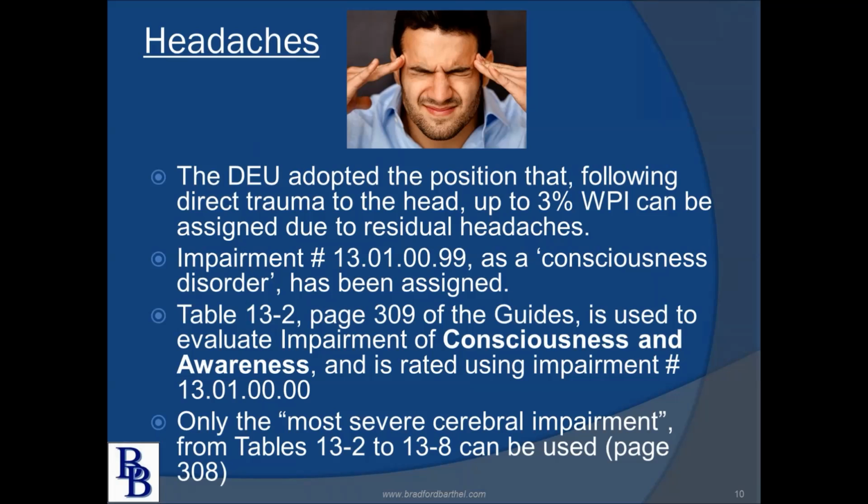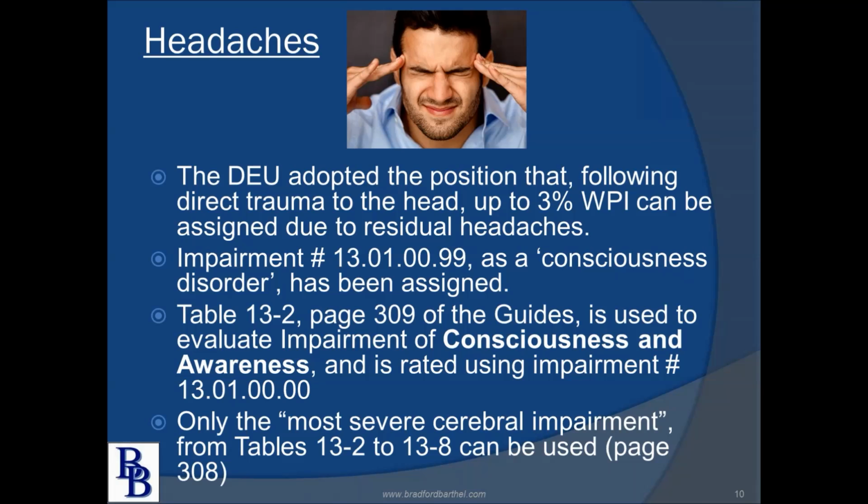And the DEU came up with an impairment number for that, and there it is, 13.01.00.99. The last 2 digits of 99 mean it's not in the AMA guides. It's typically assigned to Alvarez Guzman type alternative ratings. But that's the impairment number for headaches without objective findings.